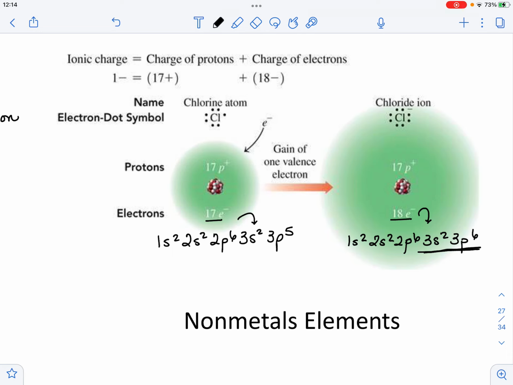When we pay close attention to the periodic table of who shares that electron configuration that chlorine now has when it formed that negatively charged ion, which we know as anions, it will look like argon.